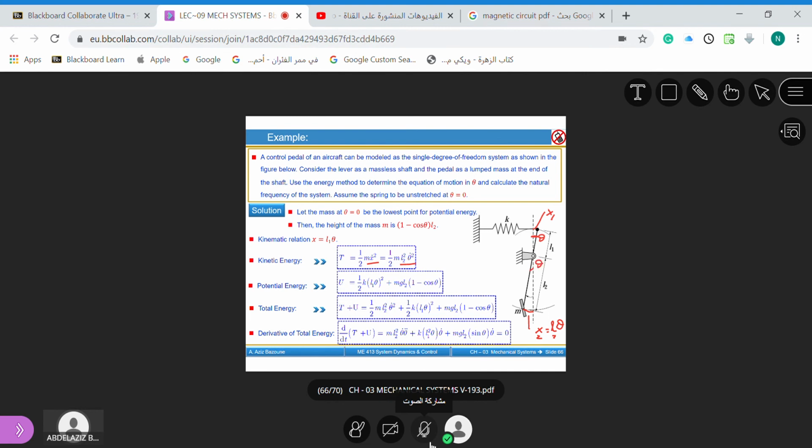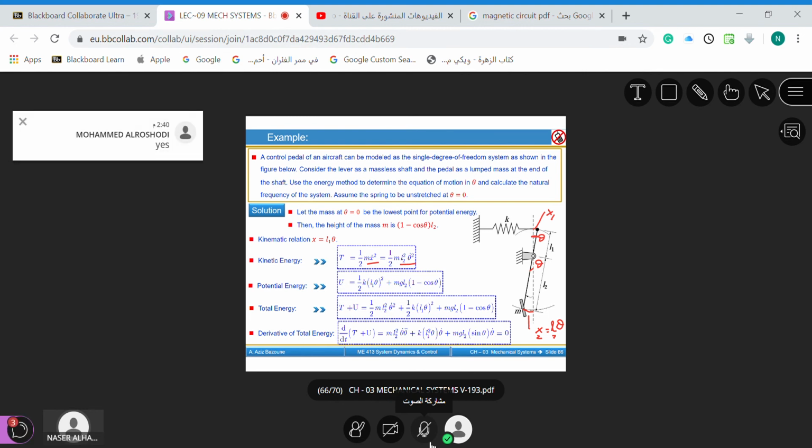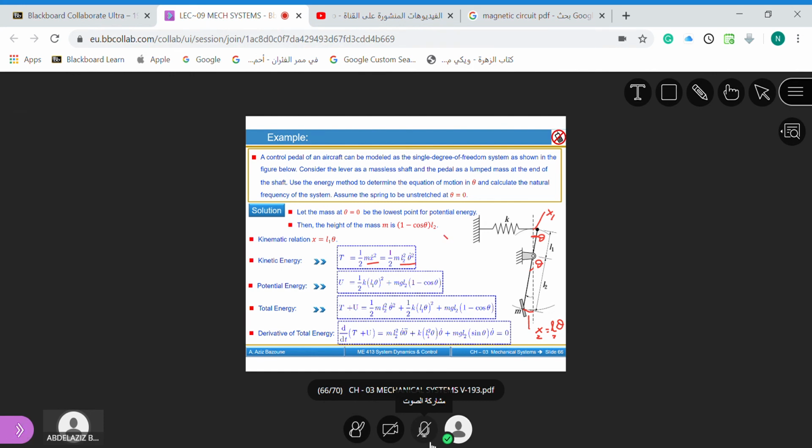Is this clear, Shabab? Yes, clear, Doctor. Okay. So let's continue. Remember x1 will be equal to L1 theta. x2 will be L2 theta. This is x2 here, and this is x1 here.